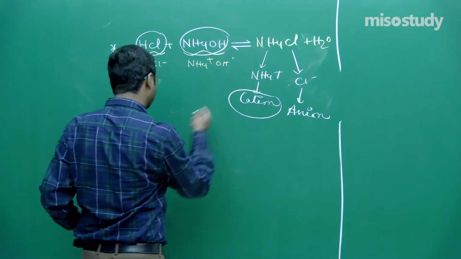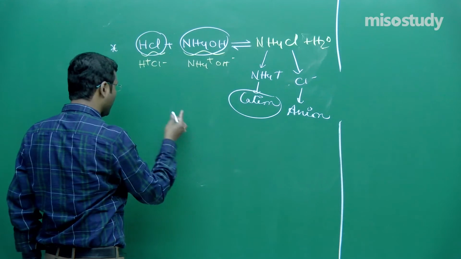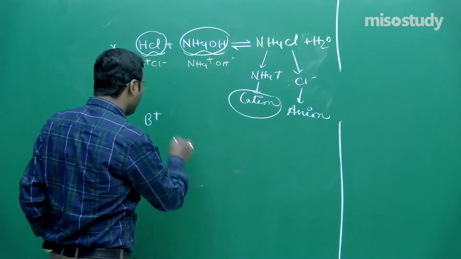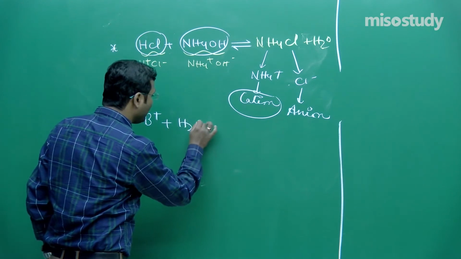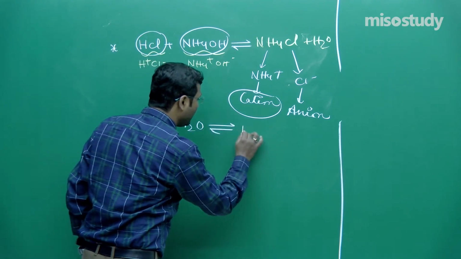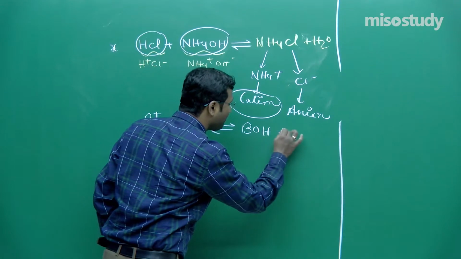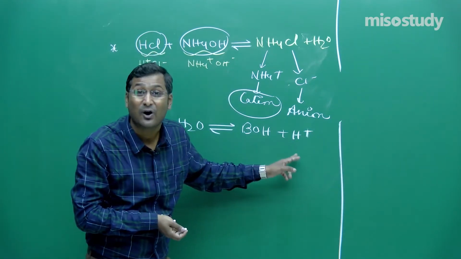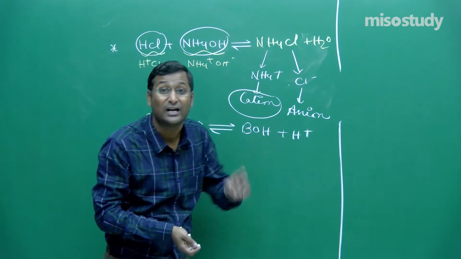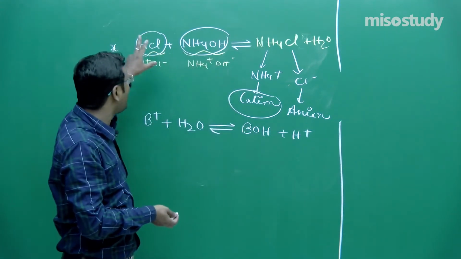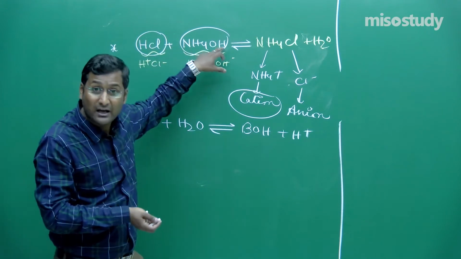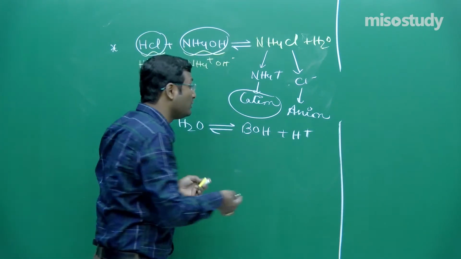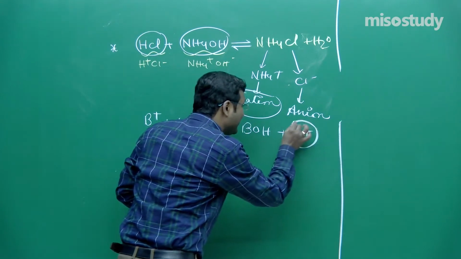If I write NH4 plus, the symbol of cation, B plus, plus H2O, then it will give BOH plus H plus. That is, the solution is acidic because H plus is in a free state. So if we take a salt of a strong acid and a weak base, the solution will be acidic. Are you getting it, my friend?